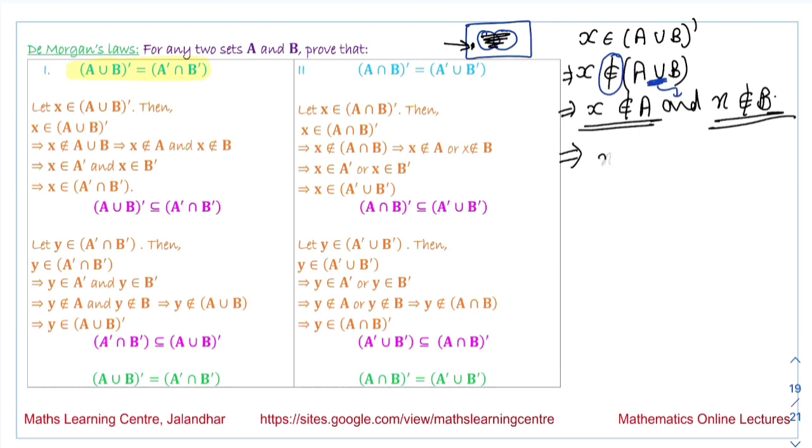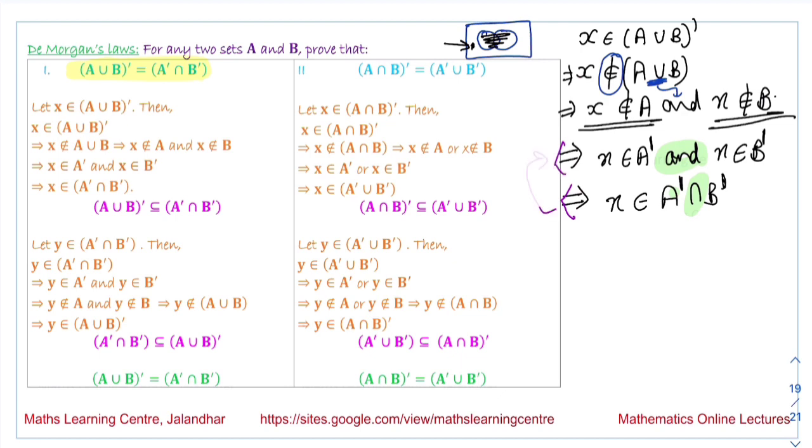So this gives us X belongs to A complement and X belongs to B complement, and this gives us X belongs to A complement intersection B complement. In place of AND, we are writing it as intersection over here. Same steps we are talking about in reverse: X belongs to A complement intersection B complement.